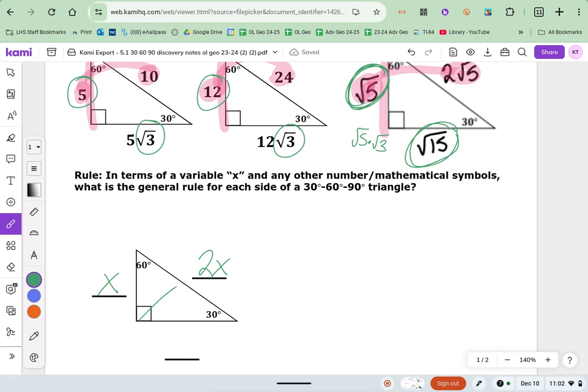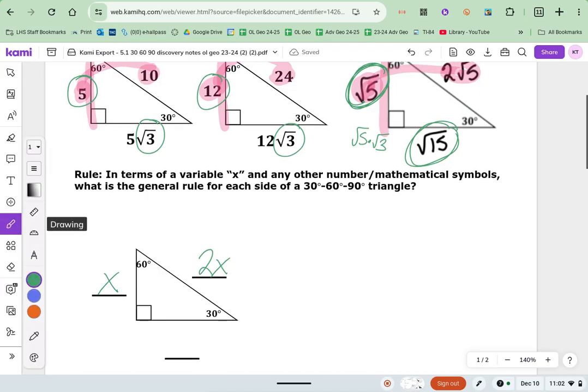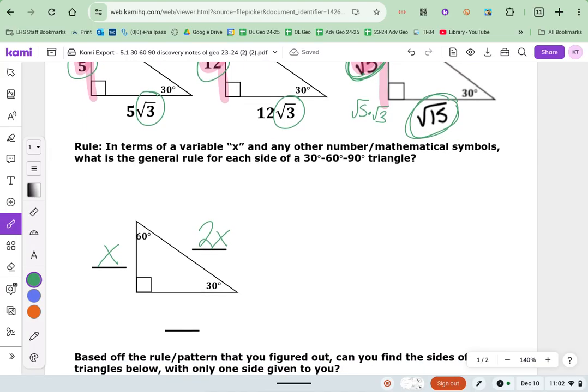So whatever's across from your right angle is double your short leg. And then the bottom side we call the long leg, and it is going to be x times the square root of 3. So this is the x, x root 3, 2x pattern.